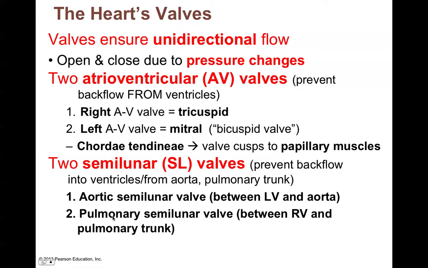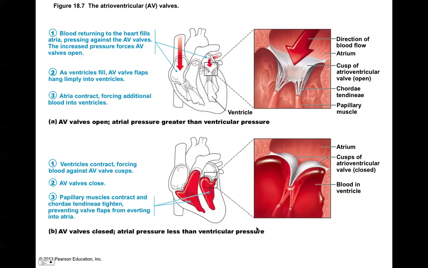And that name, of course, also makes sense. The pulmonary valve is between the right ventricle and the pulmonary trunk going to the lungs. And this is showing the figure of how blood is flowing into and then out of the heart, and how the valves will guide that flow.